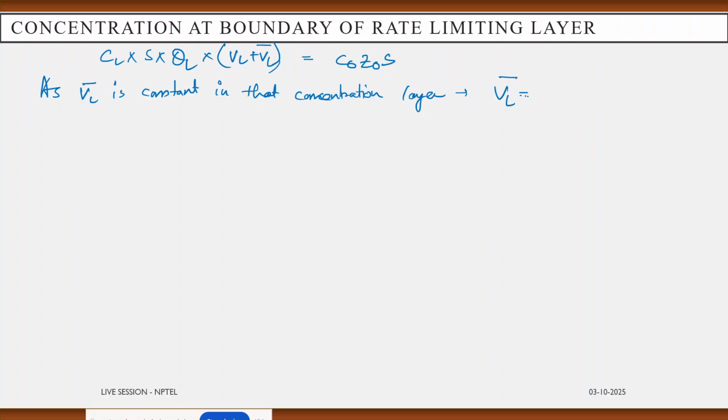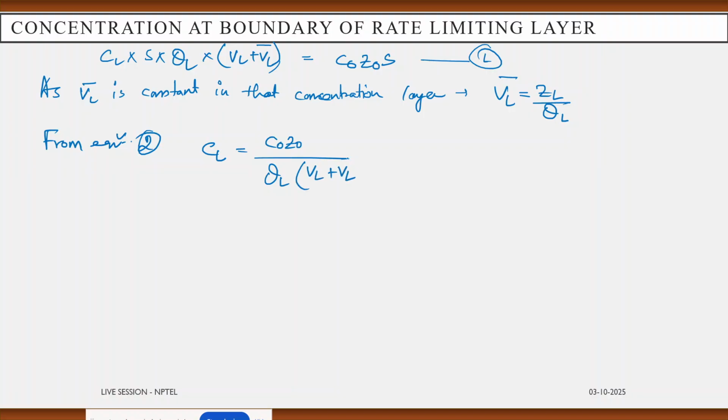So that VL bar will be ZL by theta L. So from this equation 2, you will have CL equals to C naught Z naught, VL plus VL bar.